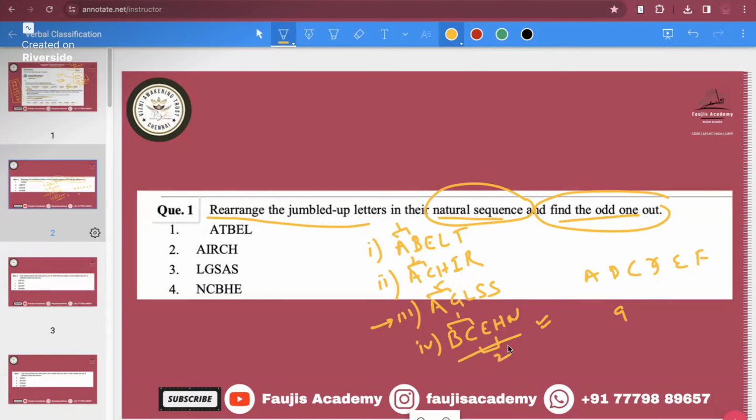Why do you think option 4? Sir, if we rearrange the letters, option 3 is the answer. The other 3 are table, chair, and bench, furniture, and the third one is glass. Yes, you are right.